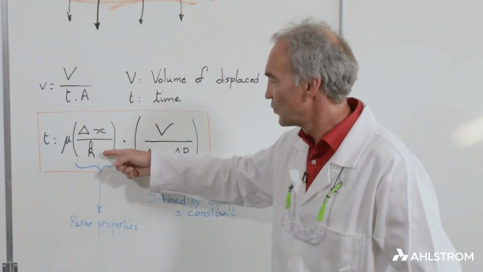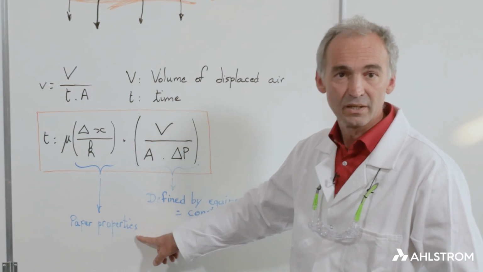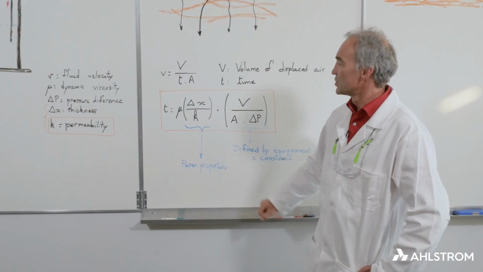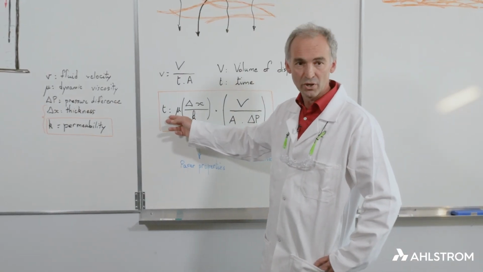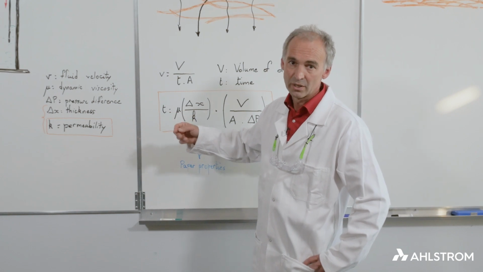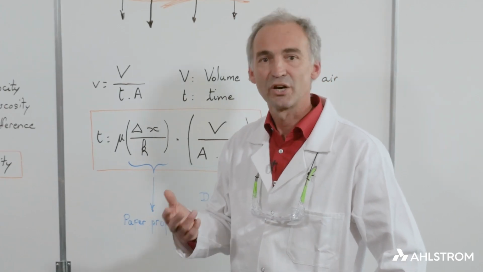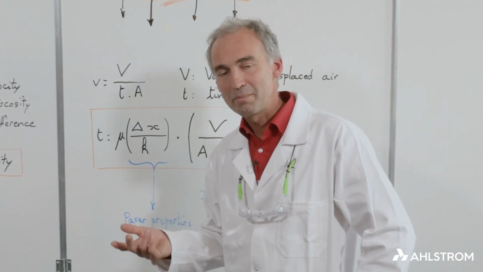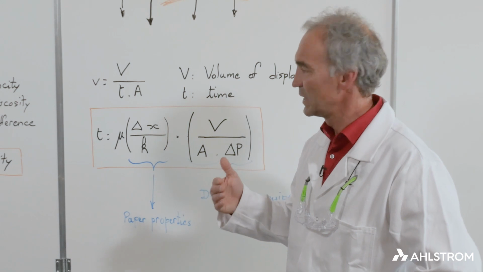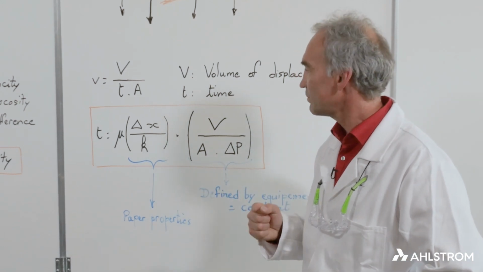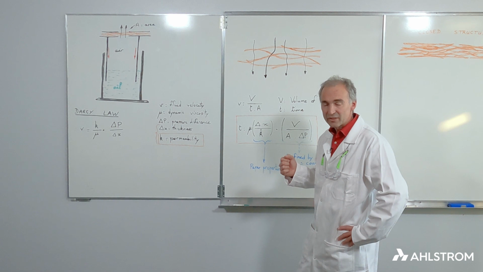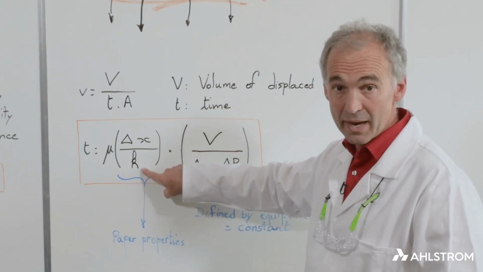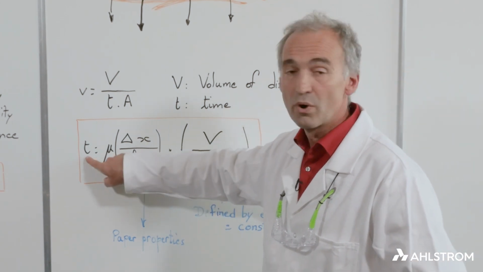And in the middle, we have a term which is connected to the paper properties. So when we talk about Gurley, we should talk about permeability index and not Gurley porosity or Gurley permeability. We should really talk about an index. Keep in mind that the higher the true permeability, the lower the time.